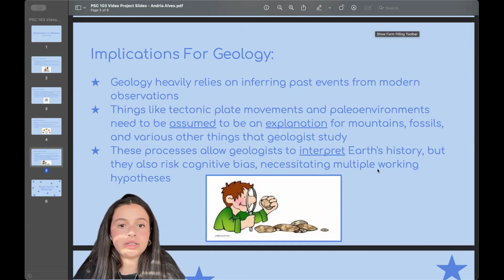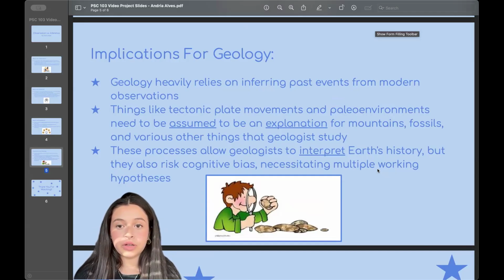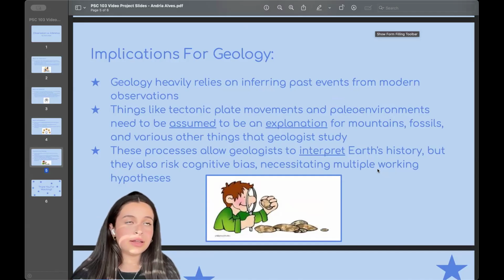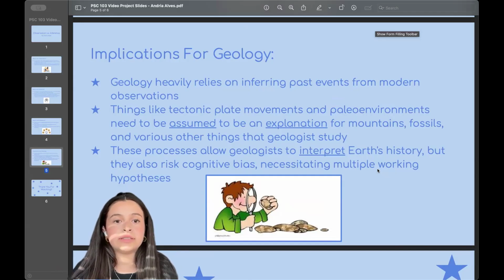Obviously, modern day geologists weren't there to feel or see the tectonic plates move or to see the sort of animals that the fossils they are studying came from. So they have to assume that these things happened based on their observations and the knowledge that they have, because obviously they weren't present for these things, and not many people were.